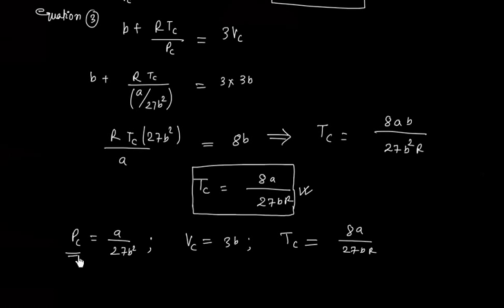You see, Pc and Tc both depend upon A and B. So for different gases, if I know Van der Waals constants A and B, we can calculate critical temperature, critical pressure and critical volume. So if A and B is known, that is Van der Waals constants, we can calculate critical constants.